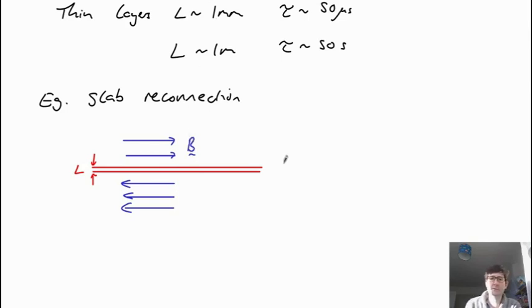And what happens if this is unstable is essentially this current sheet breaks up into pieces. So rather than having one long current sheet, and this is J, it instead breaks up into pieces like this. And we end up with a magnetic field which, instead of being uniform like this, now actually looks more like this.